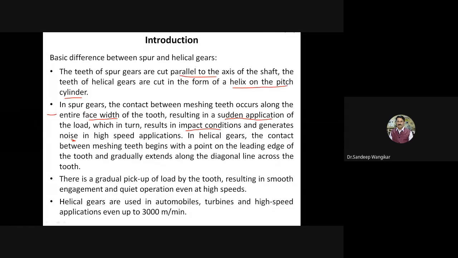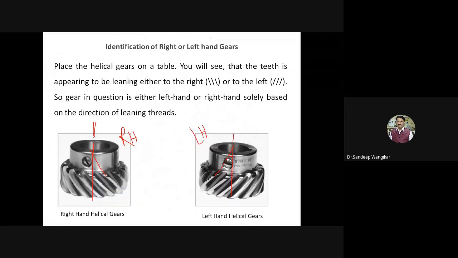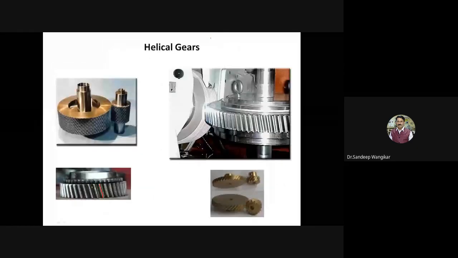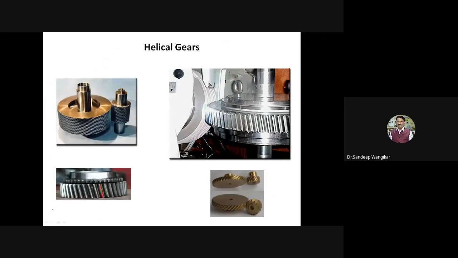Then in helical gears, now let us see. In helical gears, the teeth contact between meshing begins with a point on the leading edge and gradually extends along the diagonal. The teeth are cut at an angle. Let us take this point.